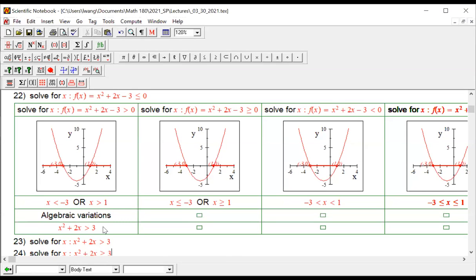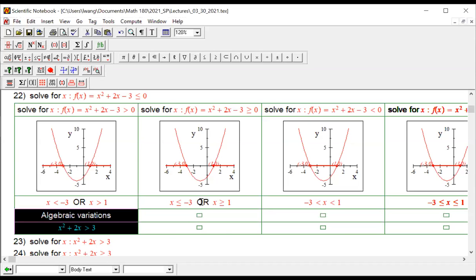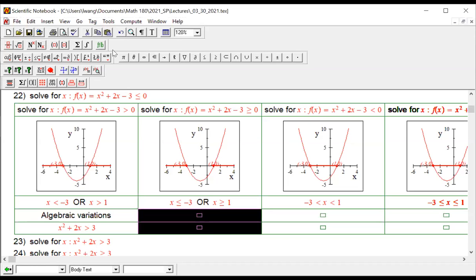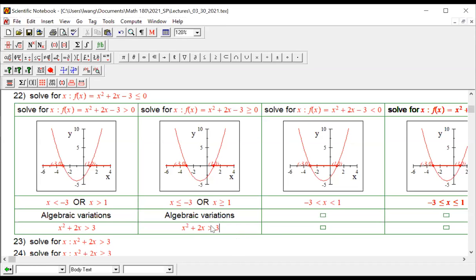And we're actually not limited to these algebraic variations. You can vary some more. You can move the 2x to the other side and so on and so forth. Does everybody follow me now? Isn't that interesting? So it would produce the same solution?